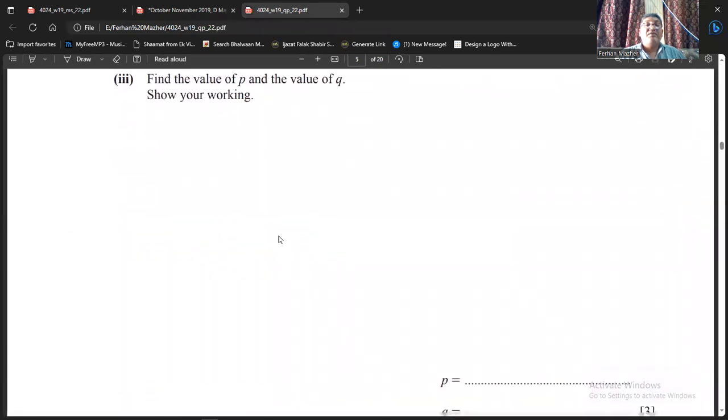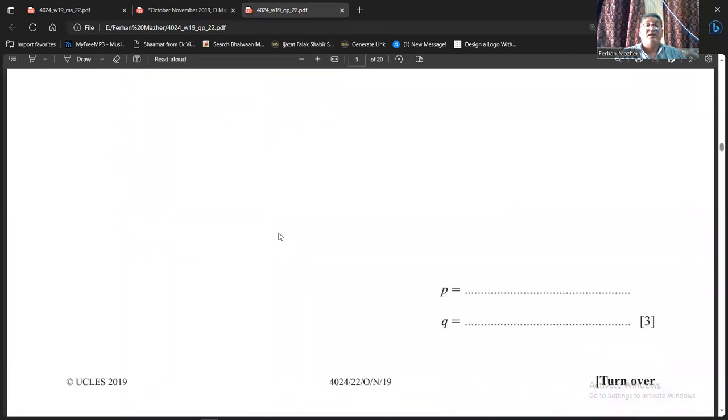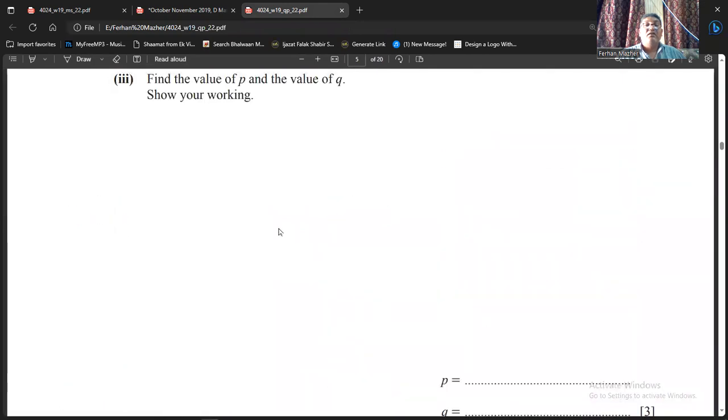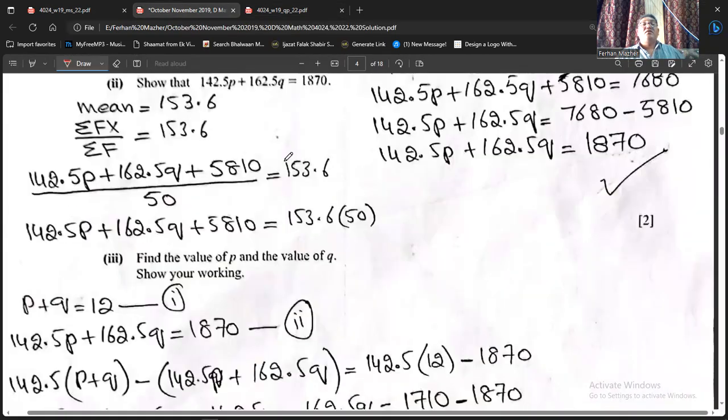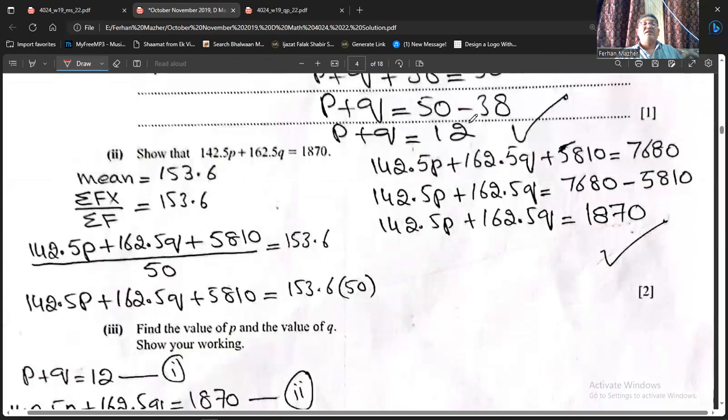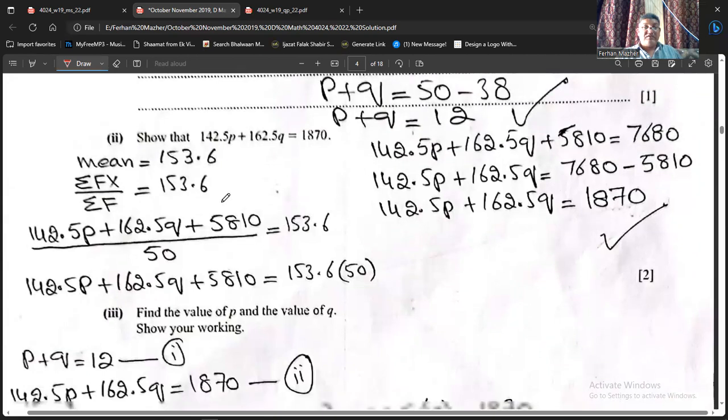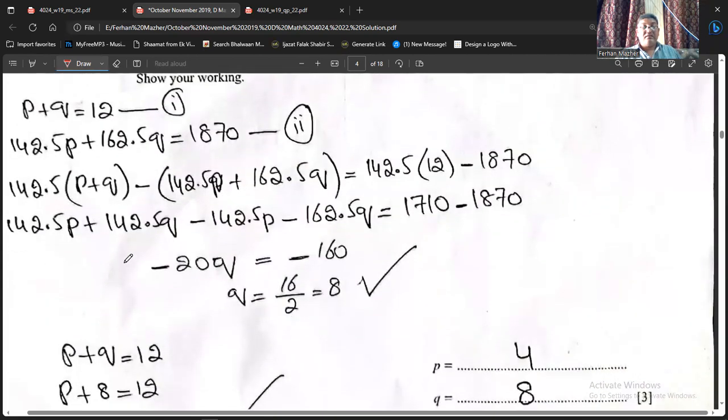Find the value of p and the value of q, show your working. So now we have two equations. One equation is this, the other equation is this. We will solve them simultaneously. So p plus q is 12, and 142.5p plus 162.5q equals 1870.